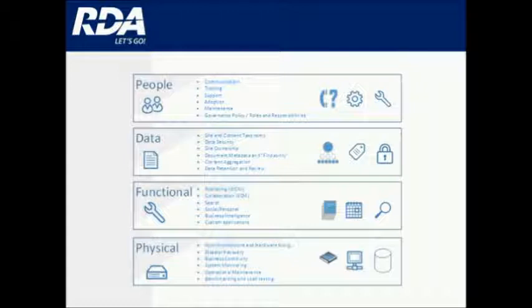And then finally, the most important piece to ROI is how people use the system. We really encourage you to spend some time thinking about how you're going to get people to adopt the system, how you're going to train them, how you're going to communicate with them. And at the same time, from an IT perspective, do you have the people in place to maintain and support the system, and do they understand their roles and responsibilities in that space?